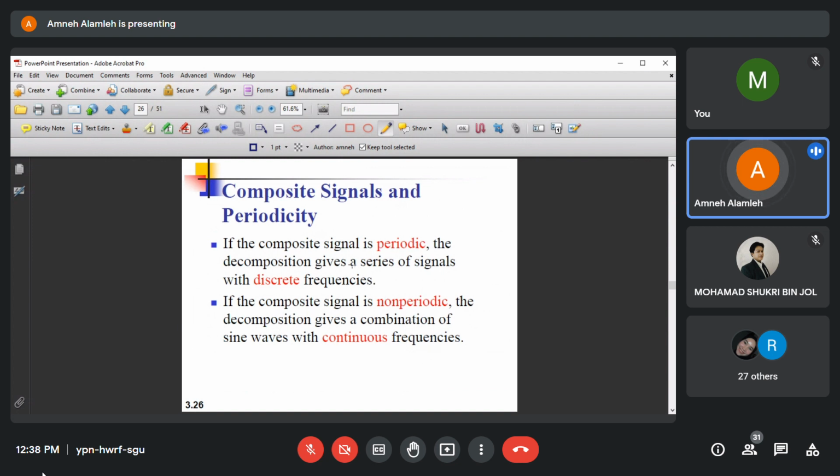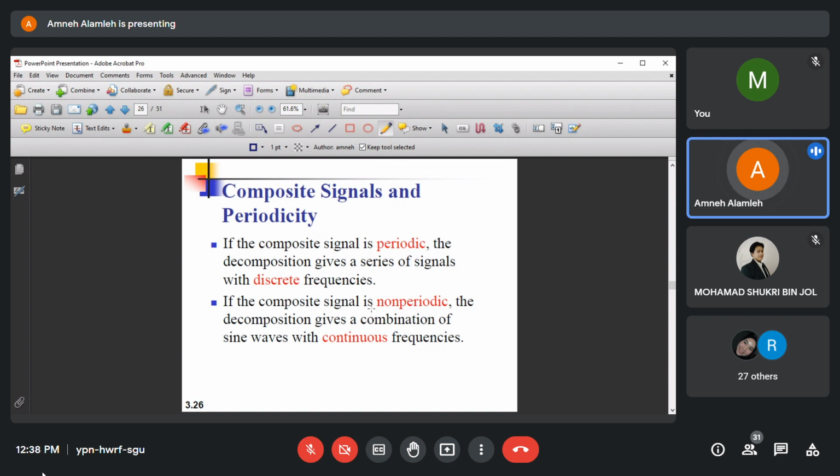Composite signals and periodicity. If the composite signal is periodic, the decomposition gives a series of signals with discrete frequencies.